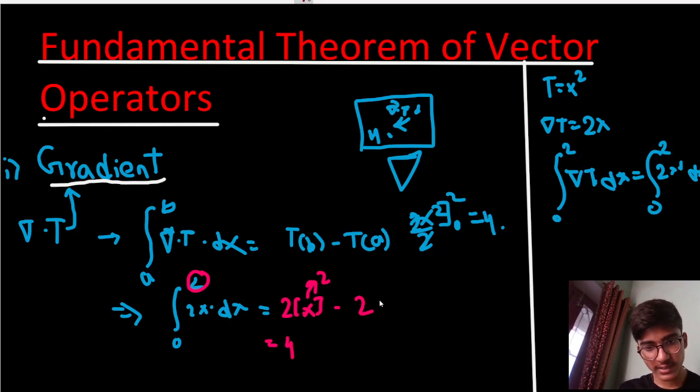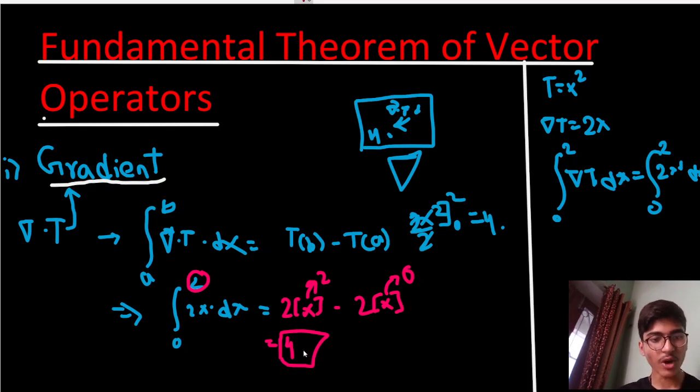T is 2x, and you know that x initially is 0, so this will become 0. This is what the fundamental theorem says. It gives 4 without evaluating much of an integral, and by the integral it is also 4. It means we verified the fundamental theorem of the gradient. This is a typical example of what exactly the fundamental theorem of the gradient means.